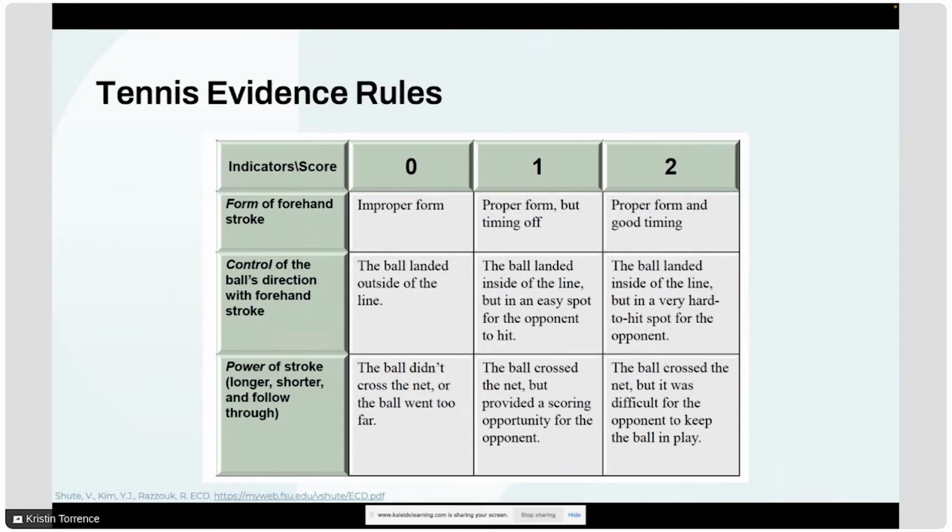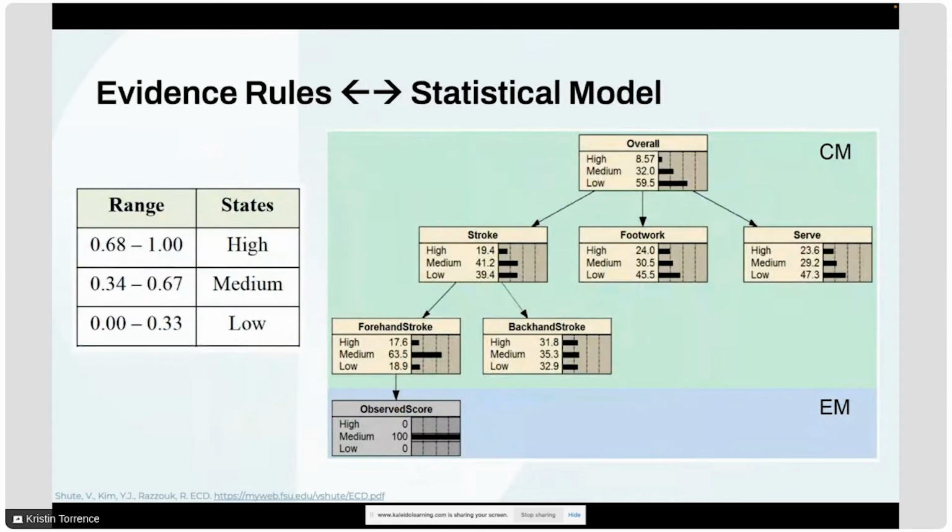The rubric score is calculated by taking the sum of the scores of all criteria and then dividing by the possible score, which for this example would be 6. And then the percentage scores are classified as low, medium, or high for this particular example.